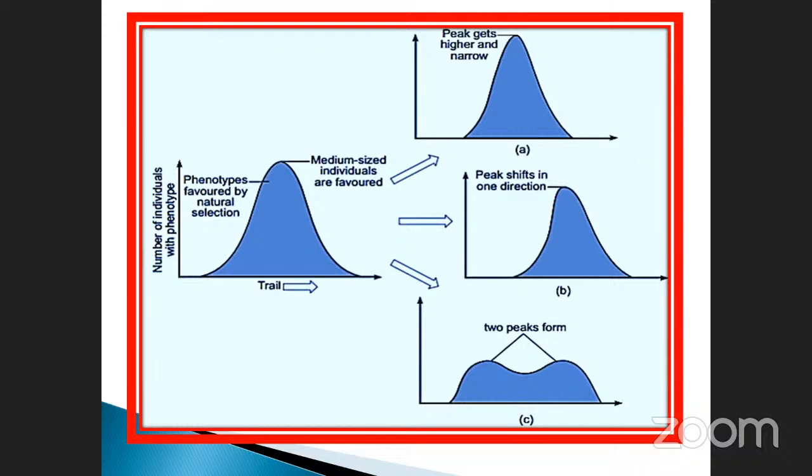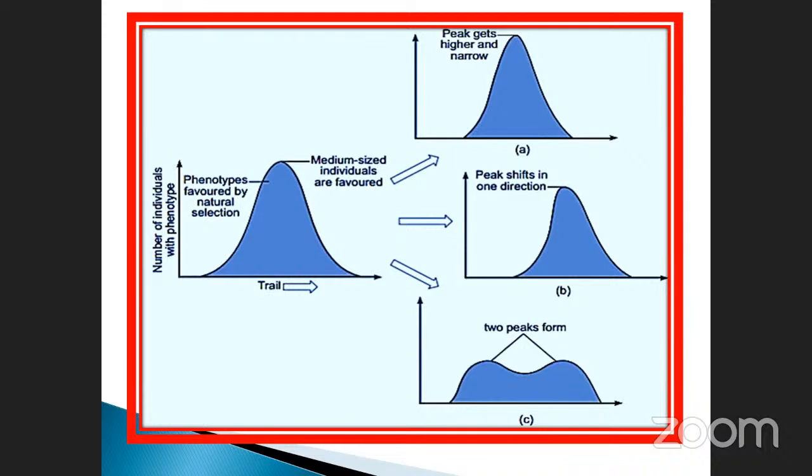See the first one, second one, and this is the third one. In the first, the peak gets higher and narrower. In the second, the peak shifts in one direction only. In the third, we get two peak forms. It exists in 3 forms according to the number of individuals with the phenotype. At the same time, they indicate the phenotypic characteristics.